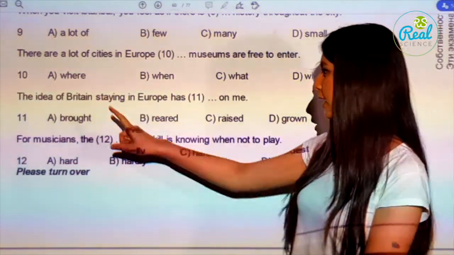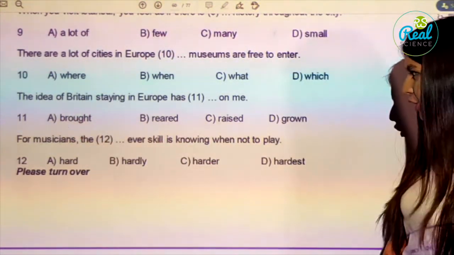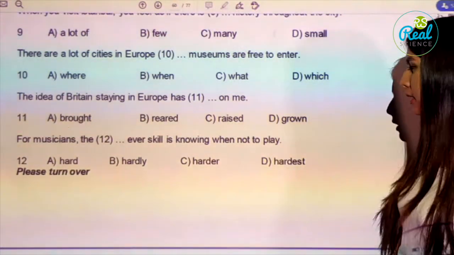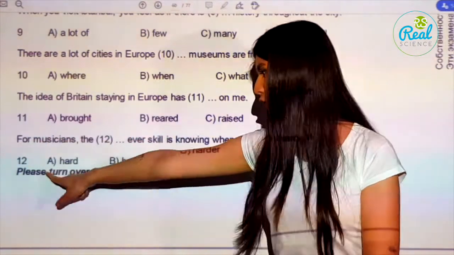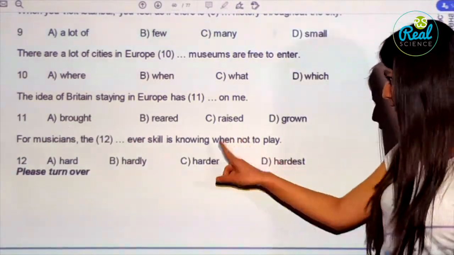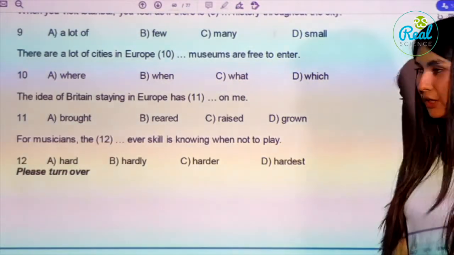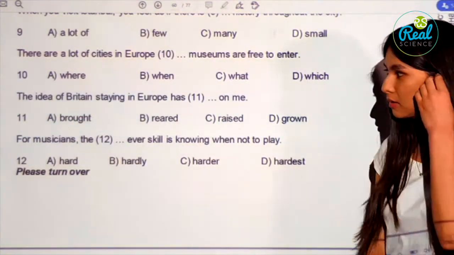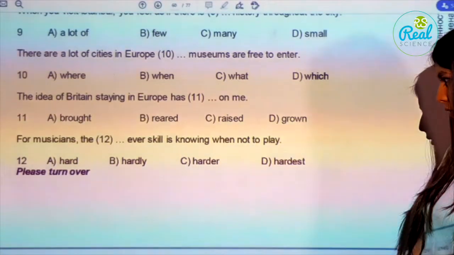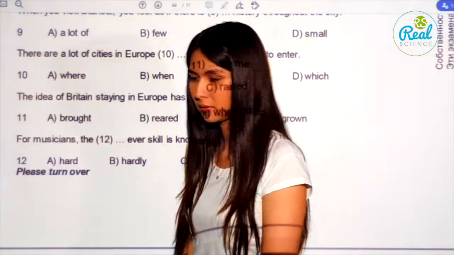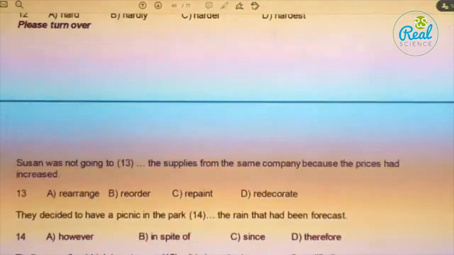The idea of Britain staying in Europe has raised on me. Nice, good job. Has raised on me. C. So 12th, it's B. It's C. Yes. Can I read? For musicians, the hardest ever skill is knowing when not to play. Good job. The hardest.